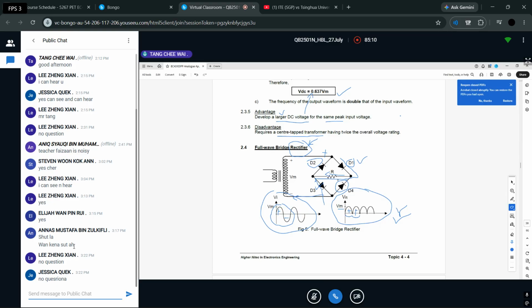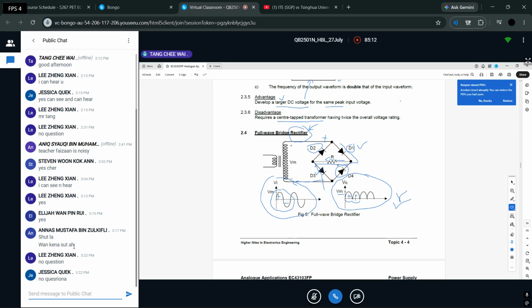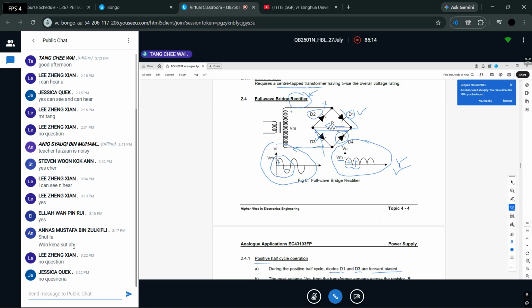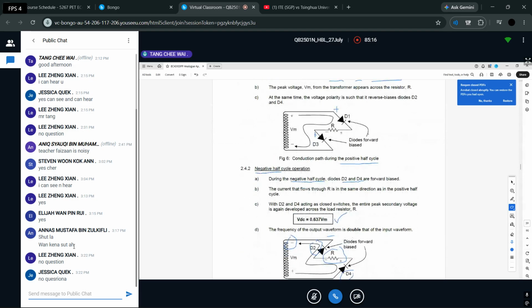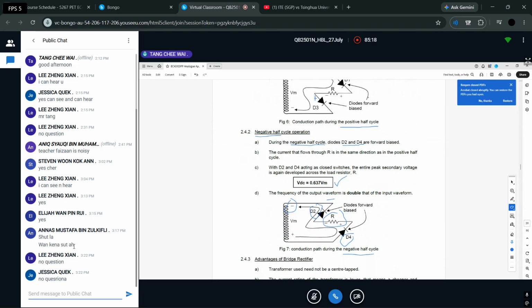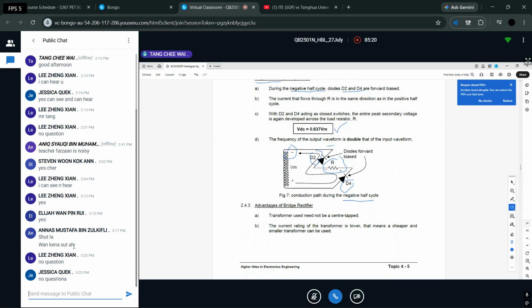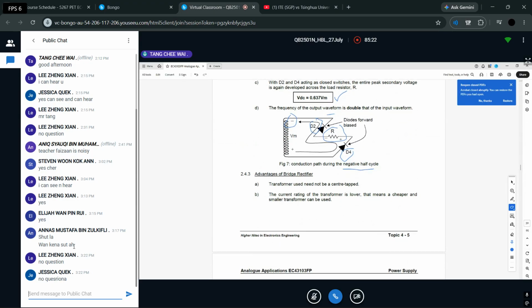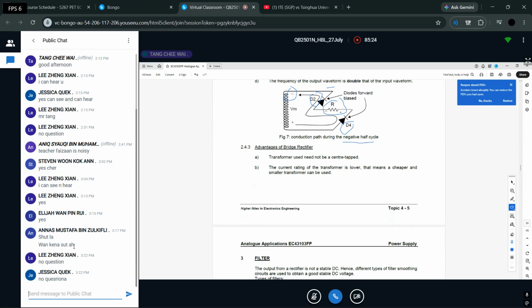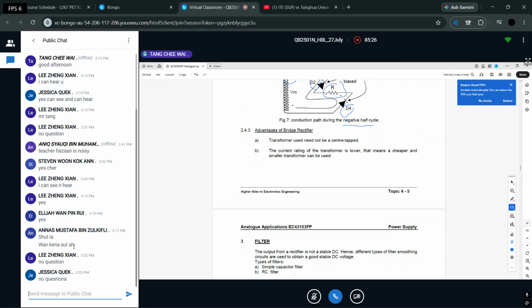All right, so I just quickly summarize again. So we move on, if you have no question on how the current flows and when it flows, when it is forward biased and reverse biased. Of course, very obvious, just now you saw, you don't need a center tap transformer. We use the rectifier to do the conversion, which is the 4 diodes there.